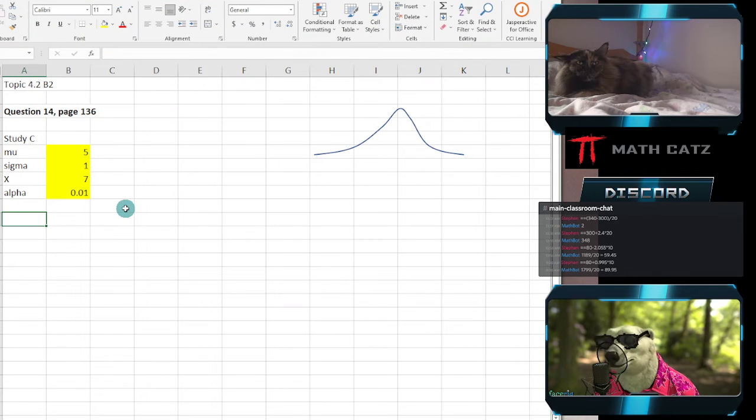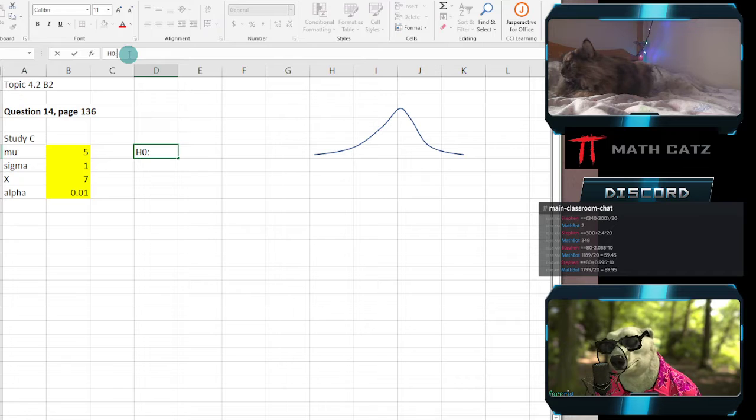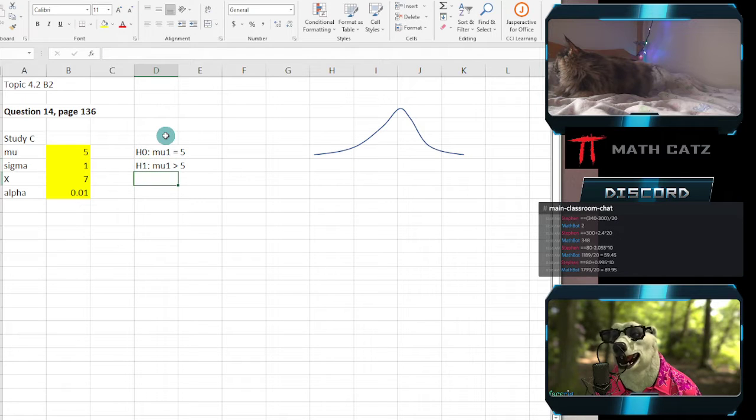So let's maybe write down, where should we put it? Over here maybe, our H0. Let's just do it like that. Is testing whether, let's call it mu1, is greater, assuming it's the same, 5, and our research hypothesis is then, no, it is greater than 5.